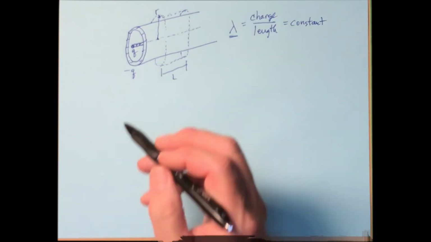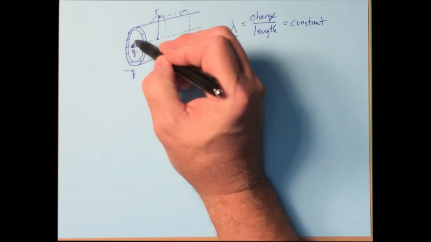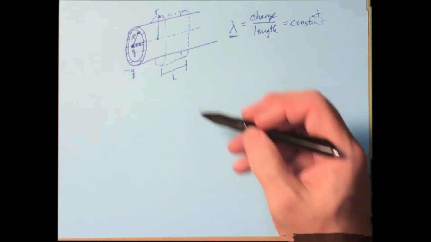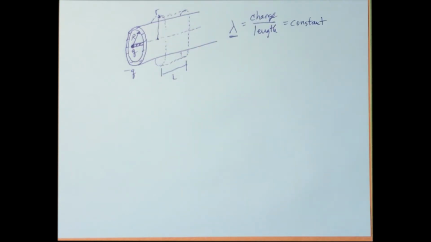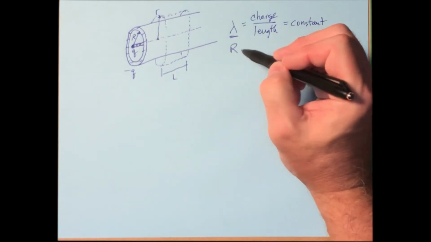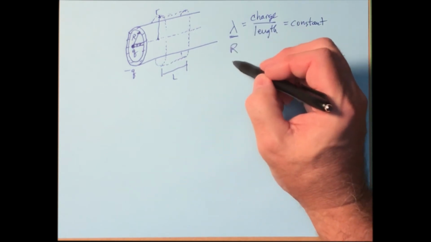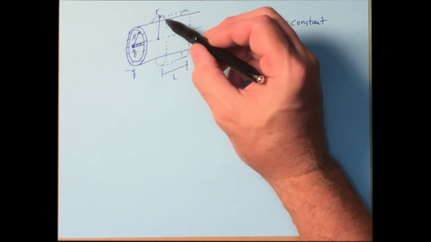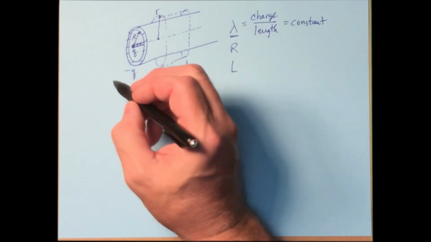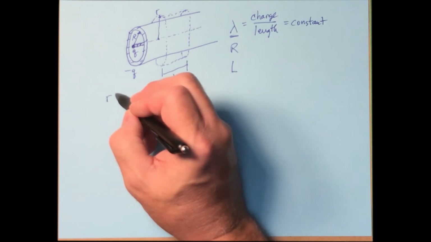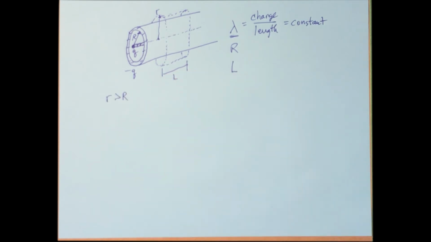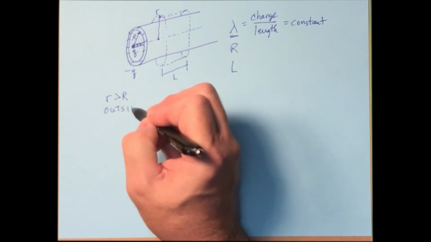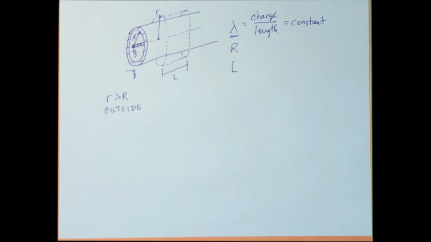We might want to define as well a known value, capital R, to the edge of this outer conductor. So big R is known, big L is known. You're going to discover it doesn't matter though. And then r is our variable, and for this situation, r is larger than big R. So that amounts to the outside of the outer conductor.